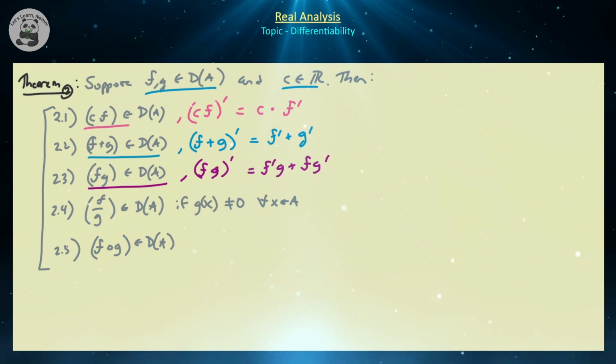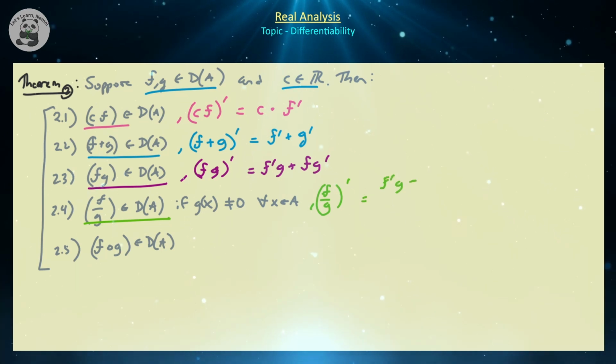Also, if you have two differentiable functions and you divide them, their quotient will also be differentiable as long as the bottom is not equal to 0 on that domain. And the quotient derivative, sometimes called the quotient rule, is equal to f prime g minus f g prime all over g, the quantity squared.